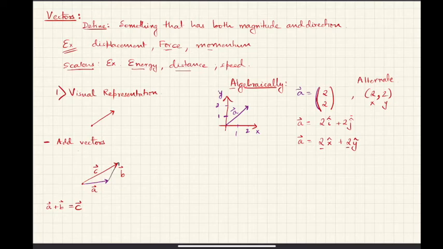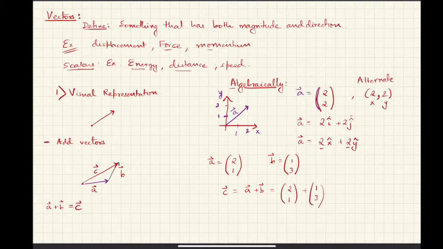So suppose, for example, a vector looked like this, 2, 1, and b vector looked like this, 1, 3, say for example. Then c vector is a vector plus b vector, which can be written out as 2, 1 plus 1, 3.